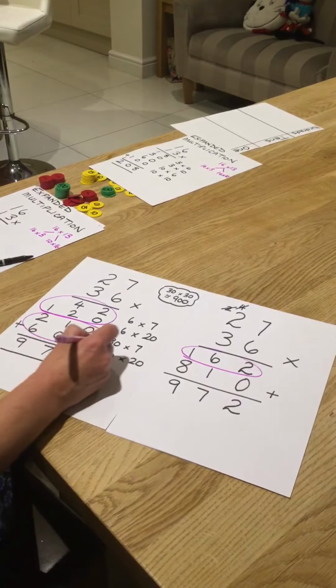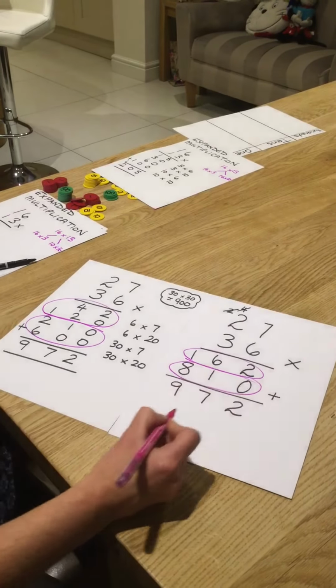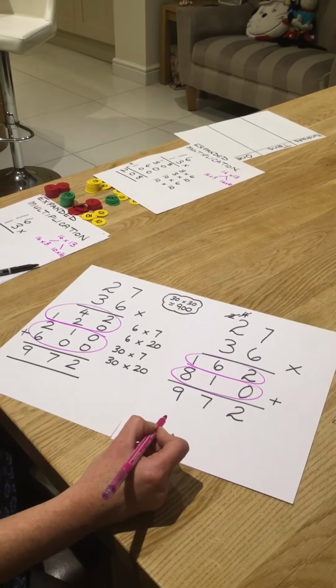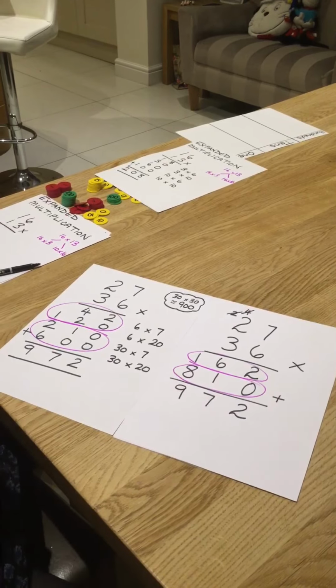These two answers here are the same as this one here. 30 times 7 plus 30 times 20, giving the same answer, 972.